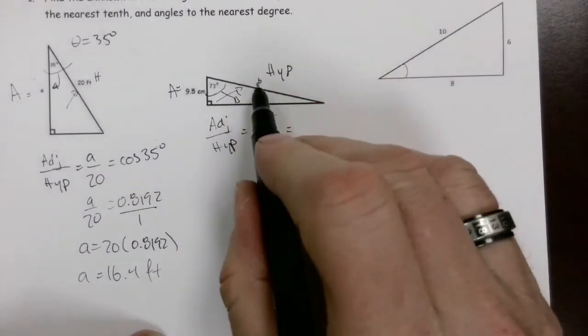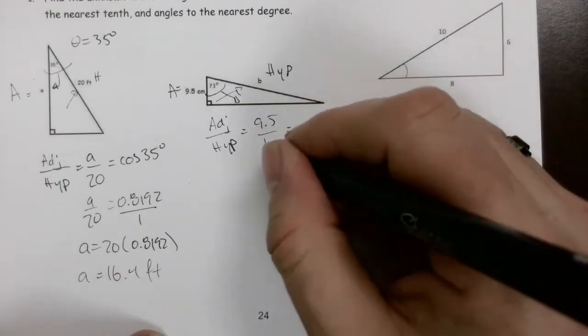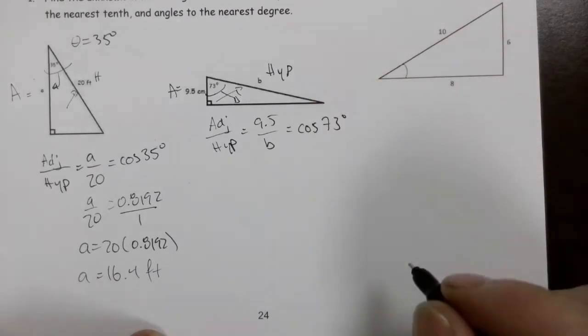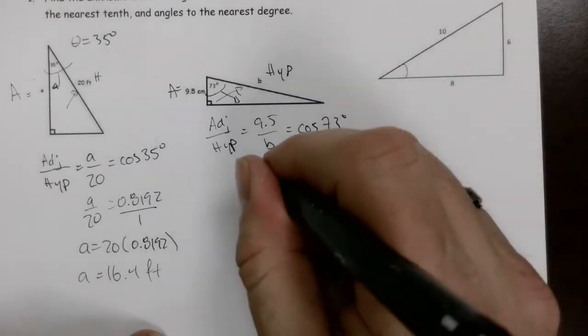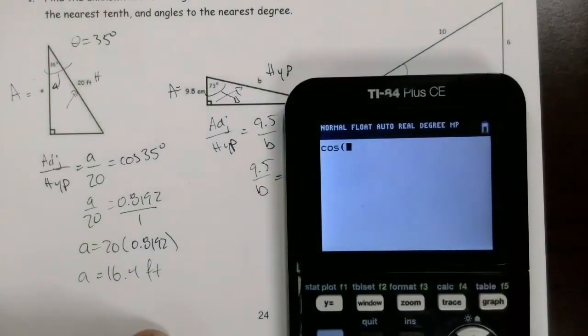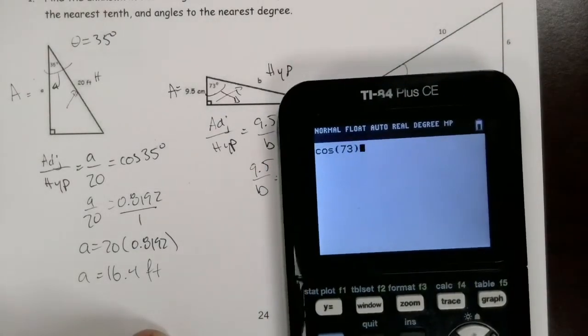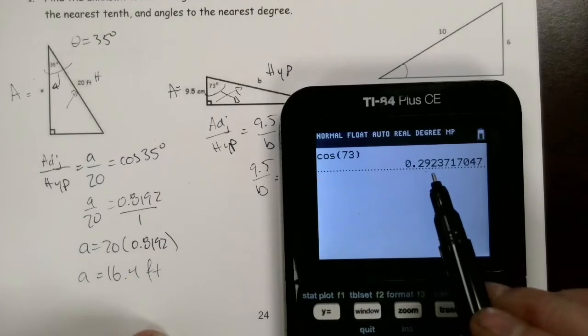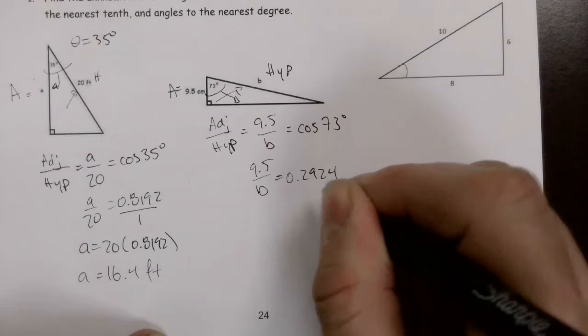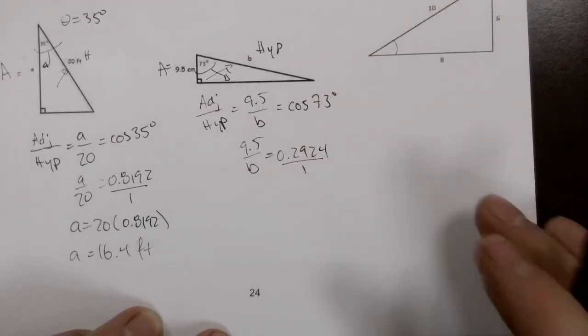I'll just use the same variable they've used here. I don't have the complete ratio, but I do have the angle, which allows me to do a little cheat here. I can use the calculator to get that ratio. And 9.5 over b will equal the cosine of 73, or 0.2924.